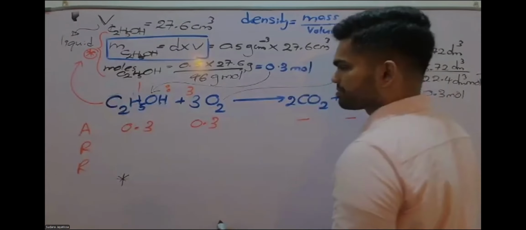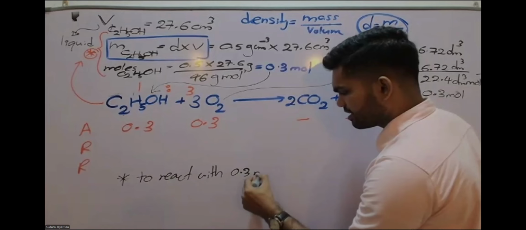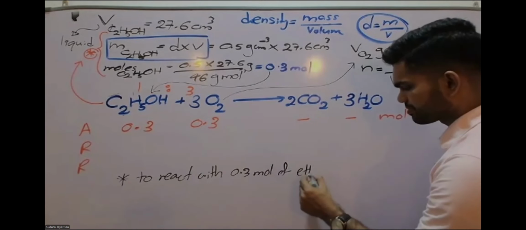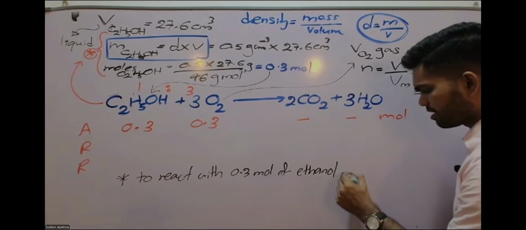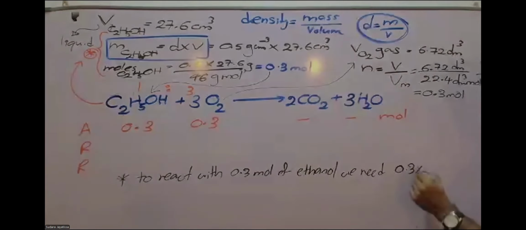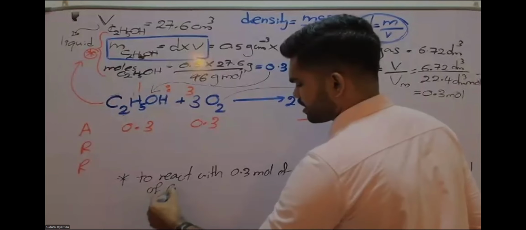You can say it like this: for 0.3 moles of ethanol, we need 0.3 into 3, which is 0.9 mole of oxygen.